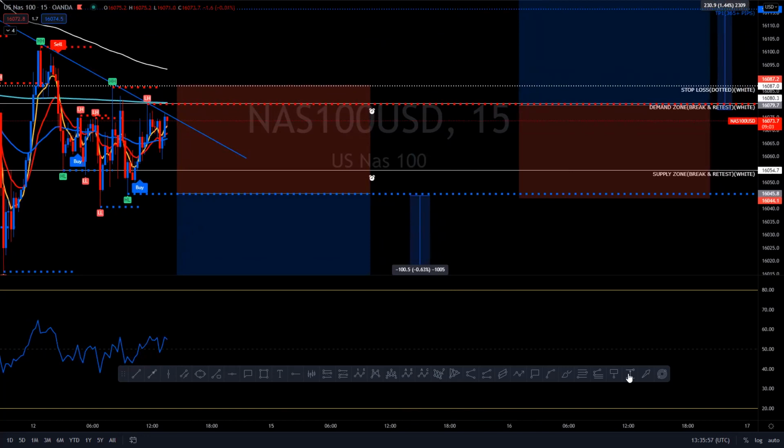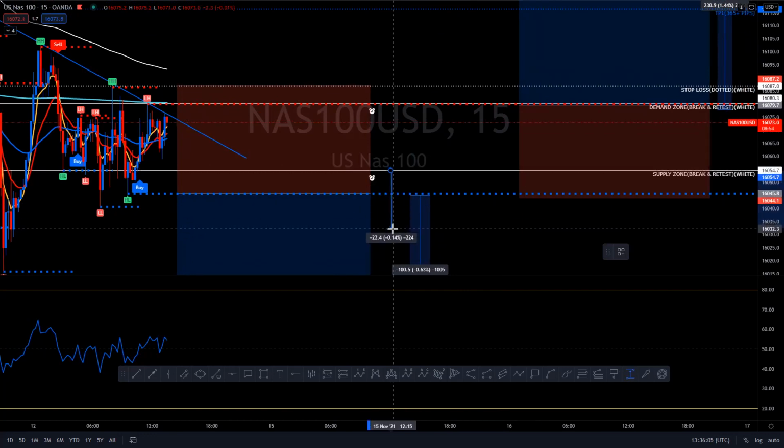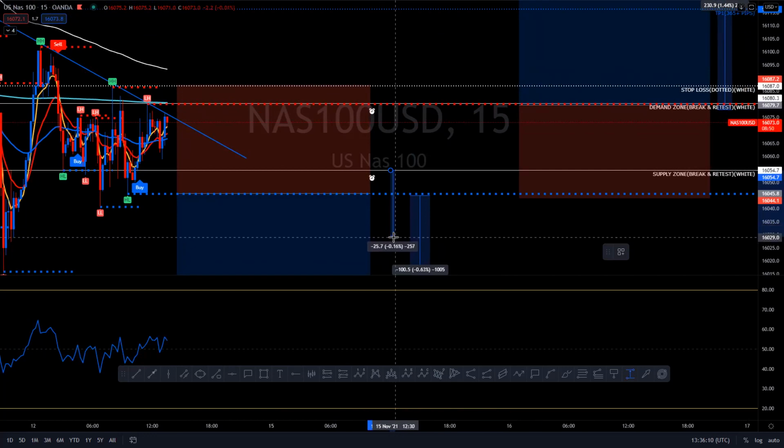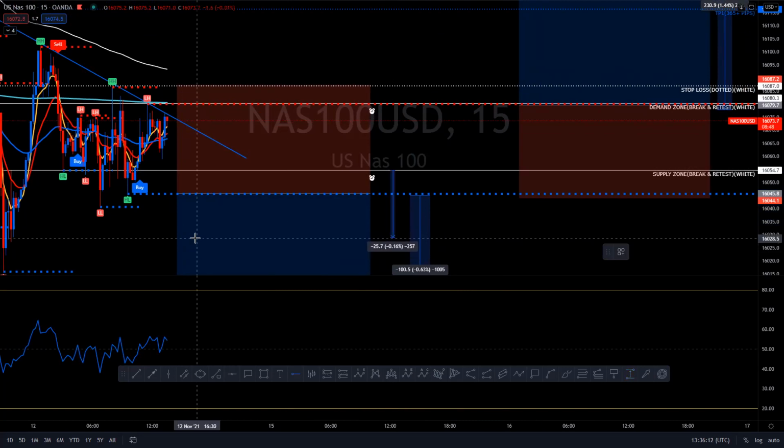How far do we have to go before it's 200 from here? Let's see. I really could have put my first take profit right here if I wanted to. Let me do that.